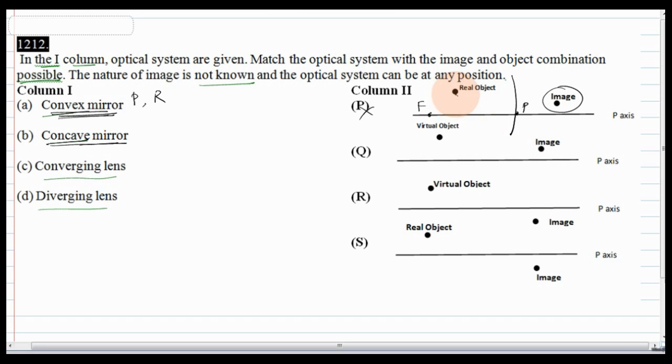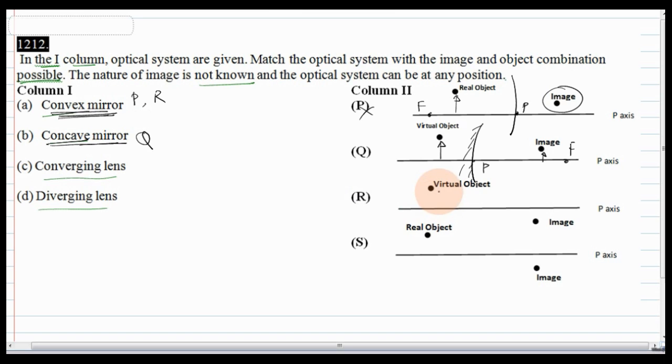When the object is real, the image was virtual and enlarged. When the object is virtual, its image may be real and diminished. So this case is possible when the mirror is somewhere here and the image is obtained between focus and pole. So this case is possible for a concave mirror.